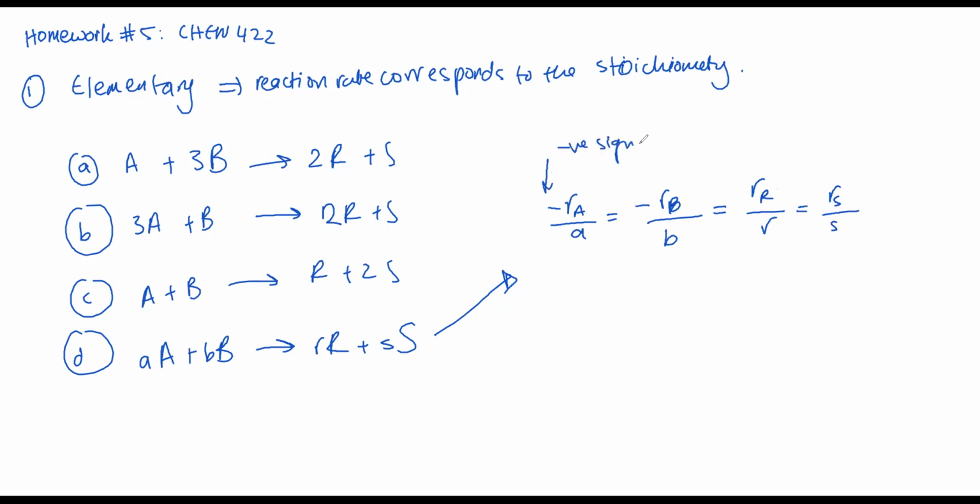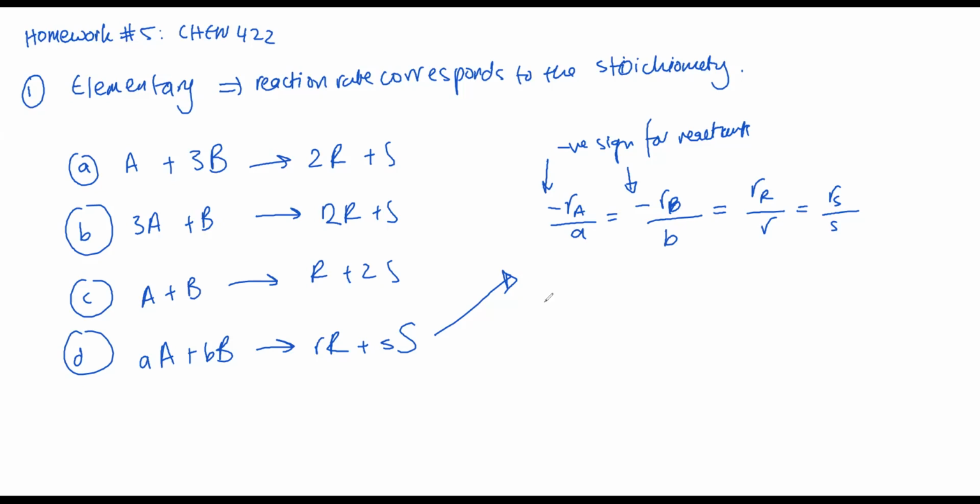Negative sign for reactants, and I have positive sign for the products. So just be careful of this. This is how you relate the reaction rates, and you can do them for all of them. So the first one will be minus r_A over 1, then 3, and all this stuff you can do.